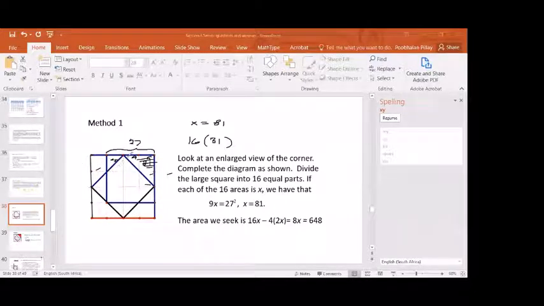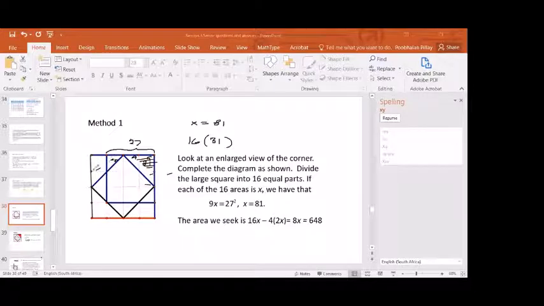And now this part here, what is the area of this? If you look carefully, the area of this triangle is half base times height, and the base is 2, the height is 2, 2 times 2 is 4, and half of that is 2. So the area of this is 2 square units. And each square unit is 81.